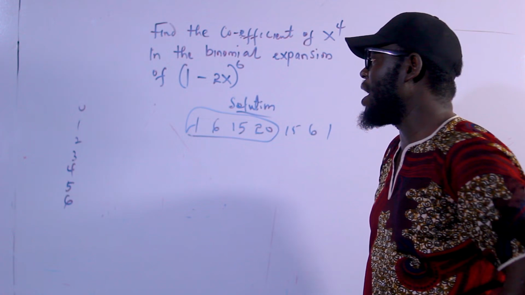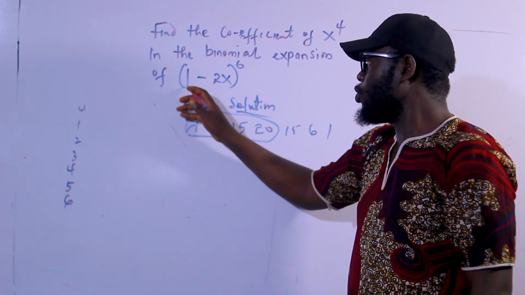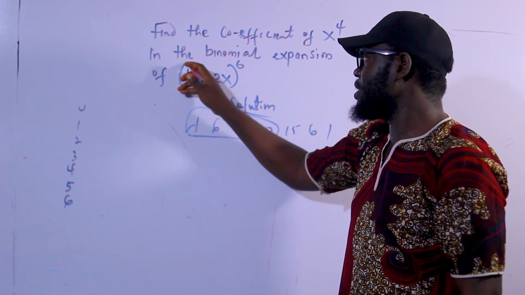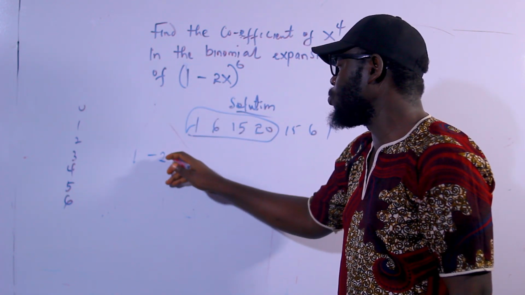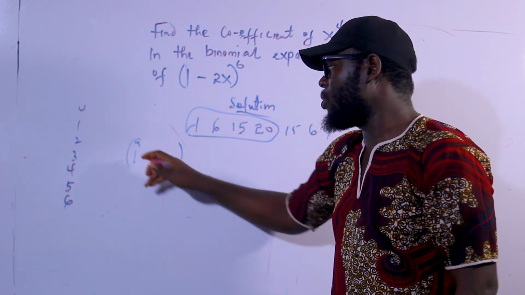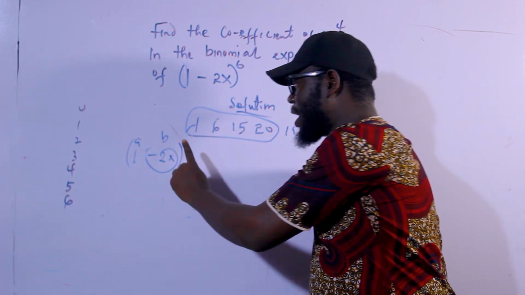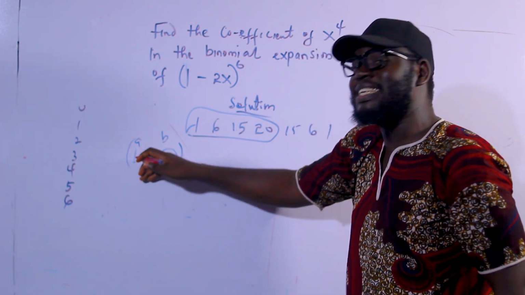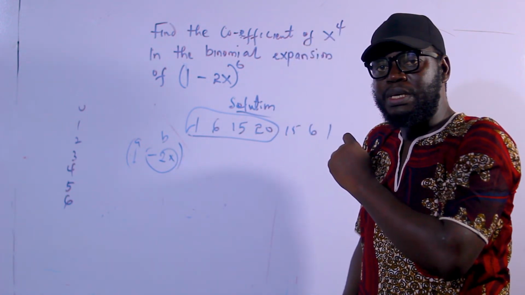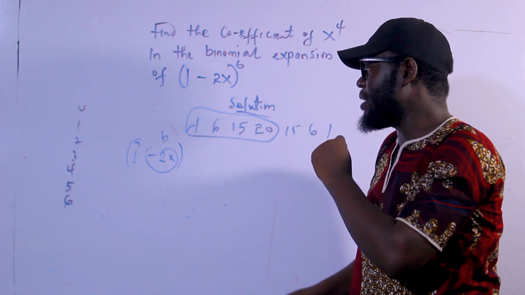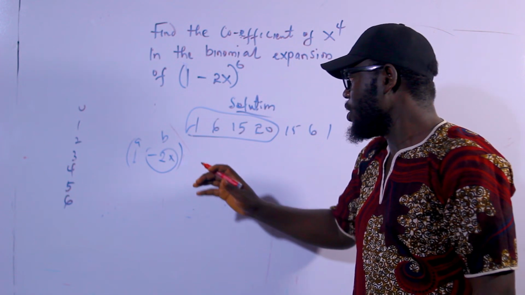Then the idea behind the manual is that we have two values here, that's 1 and minus 2x. So this one, I call this one A, then I call the remaining here B. So we can decrease our A from the highest power of 6, while we increase our B from the power 0 to the highest power. See what I'm trying to say?